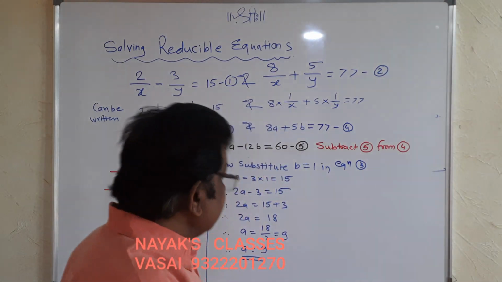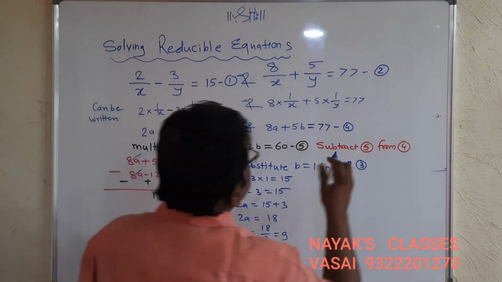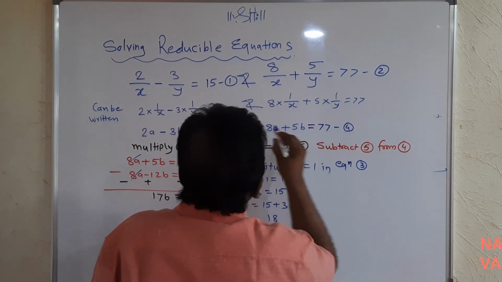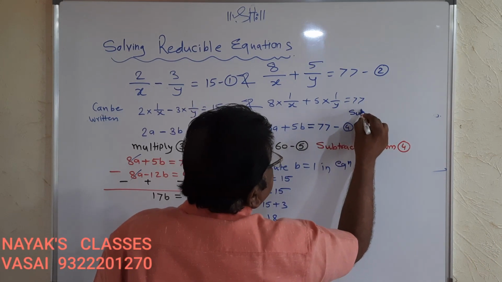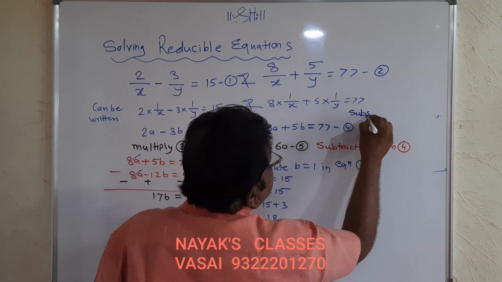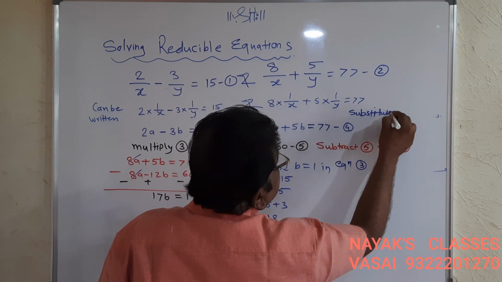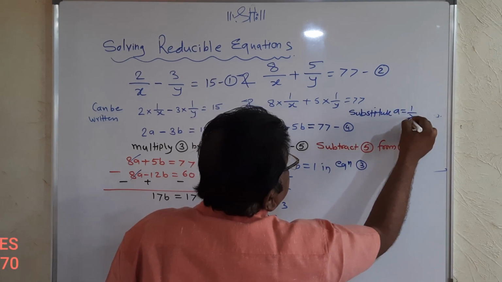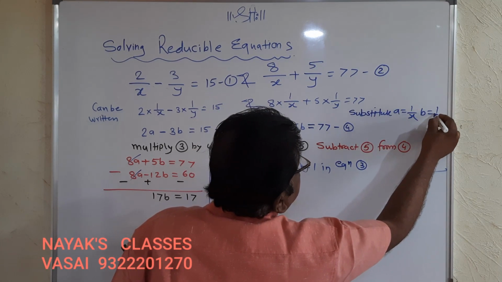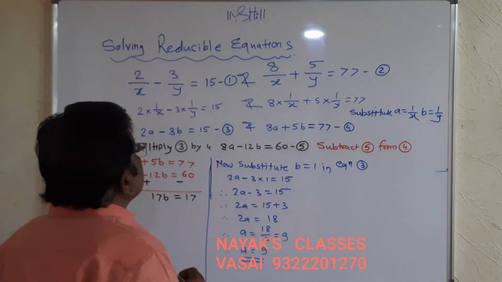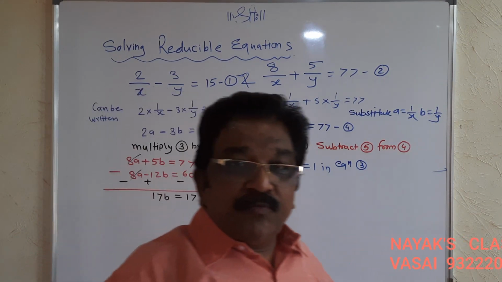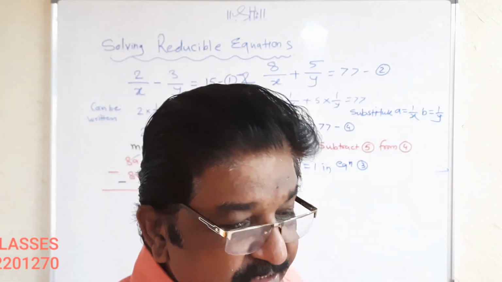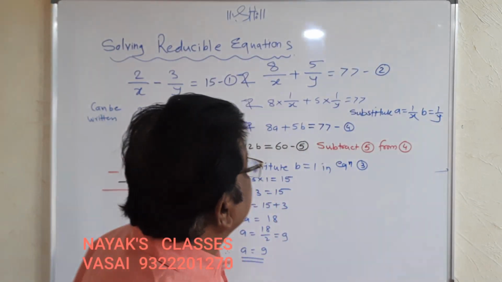Assume a is equal to 1 upon x and b is equal to 1 upon y.